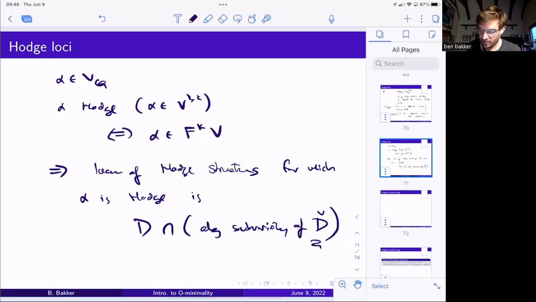Remember, D check was parameterizing Hodge filtrations. Okay, so inside of D, the Hodge loci have a very simple geometry. They're intersections down with algebraic subvarieties of D check. And so in particular, they're clearly definable inside D.